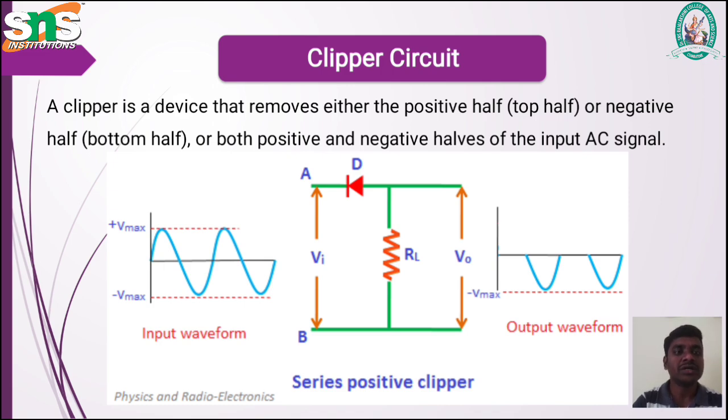If you supply an input waveform like a sine waveform, after flowing through the clipper circuit, you will get the output waveform cut off on one side, whether the positive or negative side. This is the purpose of the clipper circuit, and this is how it works.